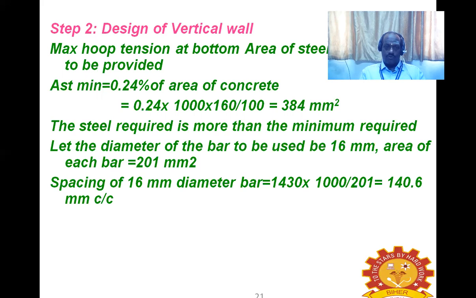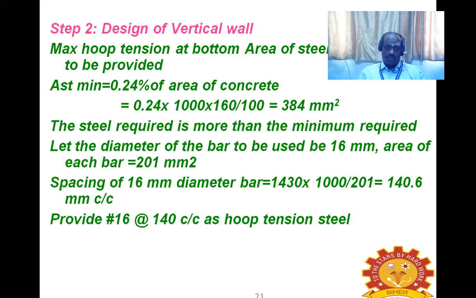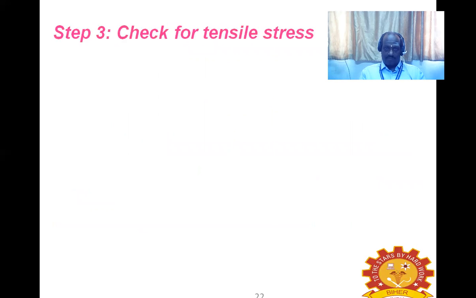By that, the individual area of a 16 mm bar comes to 201 square mm, and for this we can arrive at the spacing. That spacing is 140.6 mm center to center. We can provide the 16 mm dia bars at 140 mm center to center as hoop tension bars.